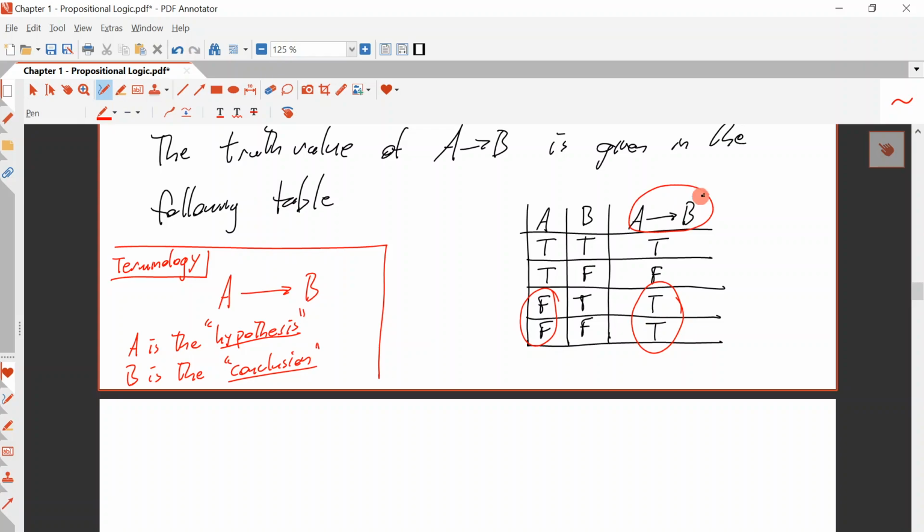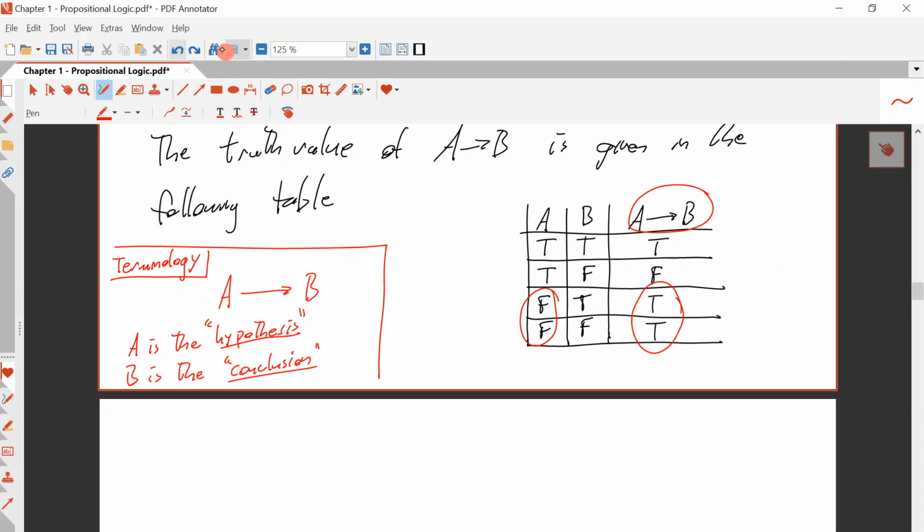The conclusion is irrelevant. Let me say it again: if the hypothesis is false, the implication is true. The conclusion is irrelevant.